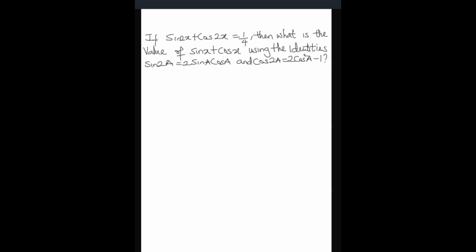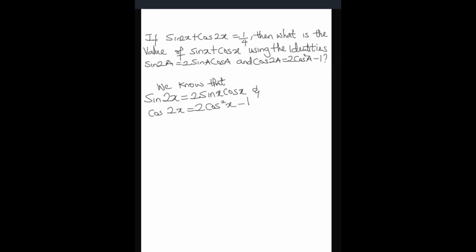So we know from the identities we're given that sine 2x is equal to 2 sine x cos x. And also, we know that cos 2x is equal to 2 cos squared x minus 1.